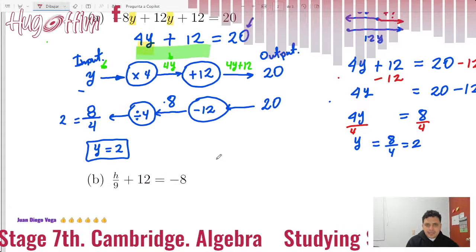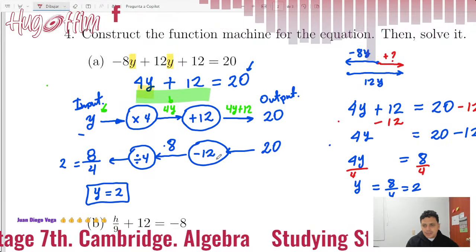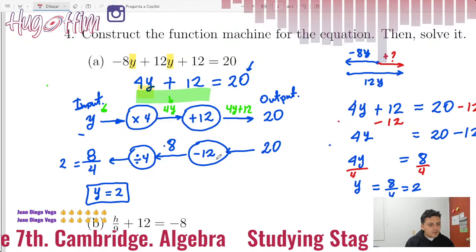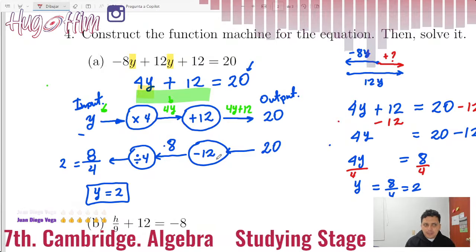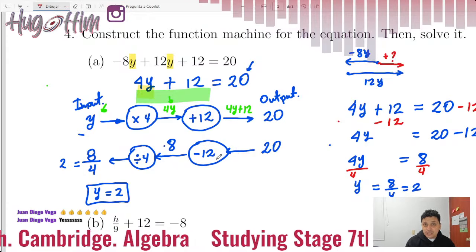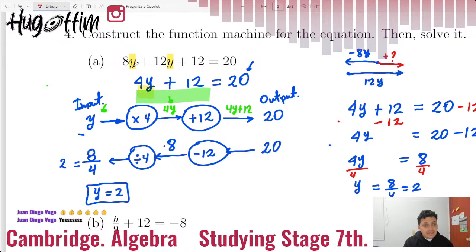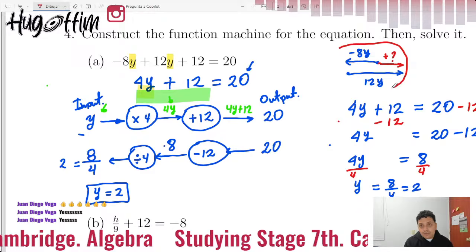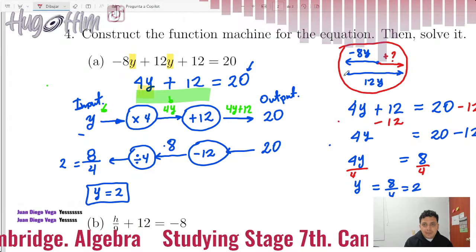Okay, and that's it. I think that I just did a review of algebra. It takes me half an hour to work out this review of algebra. And if you notice about this review, we also practice how to operate integers. For example, in this case, we operate 12y minus 8y plus 12y.